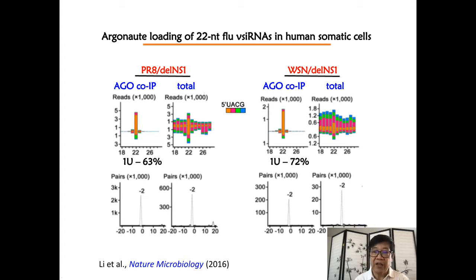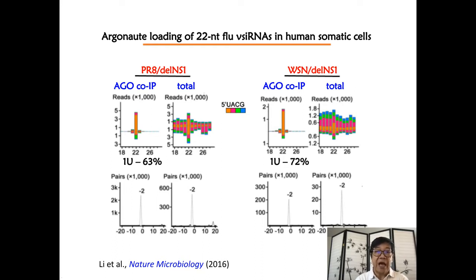However, shown at the bottom panel, to look for canonical siRNA duplexes with 2 nucleotide overhang, this is a -2 peak, indicating that even though the size distribution is not as obvious as for the Argo-loaded population, these 22 nucleotide influenza viral siRNAs do form these canonical siRNA duplexes.